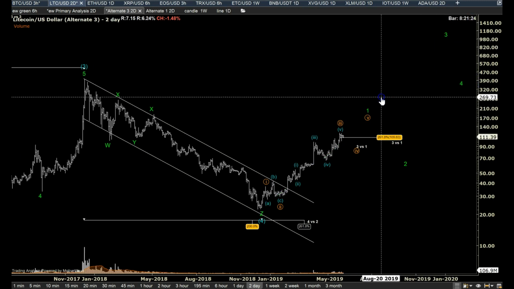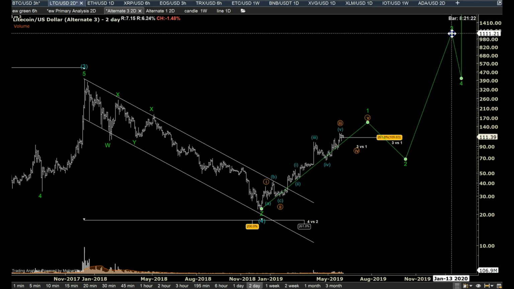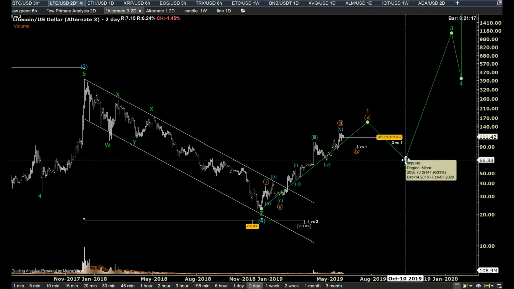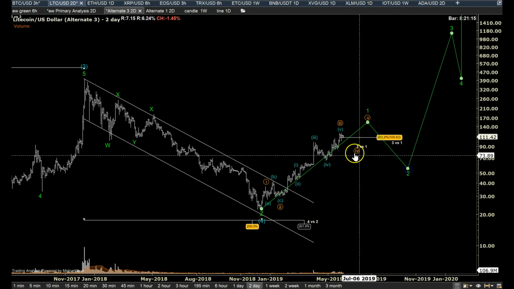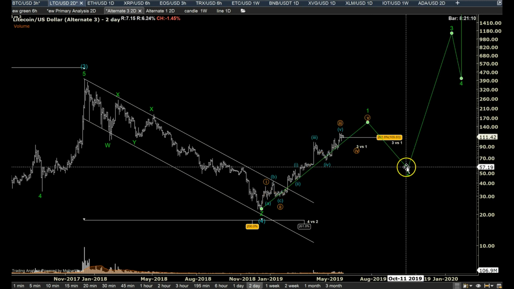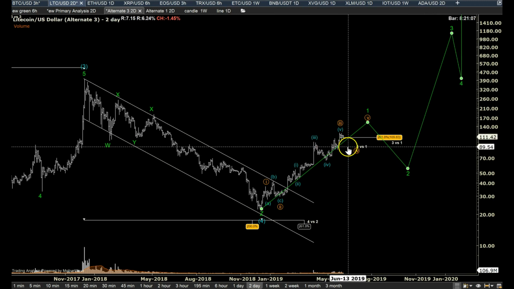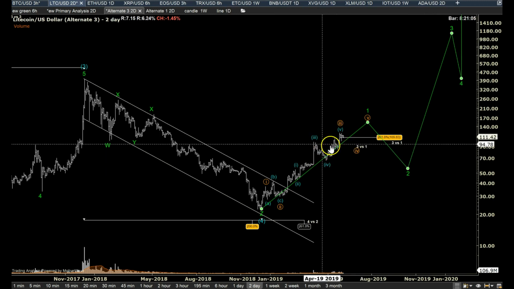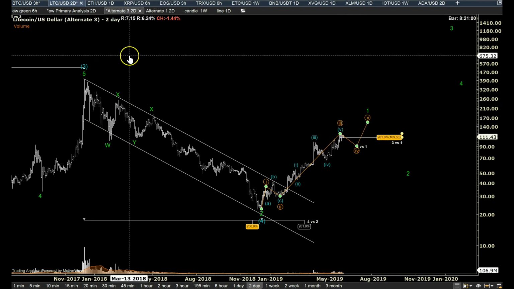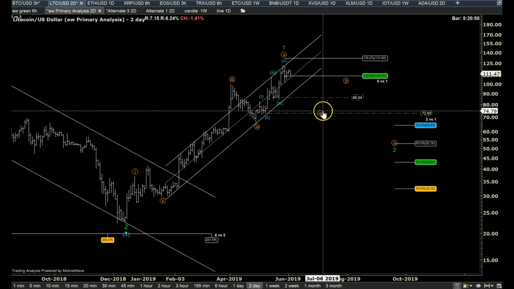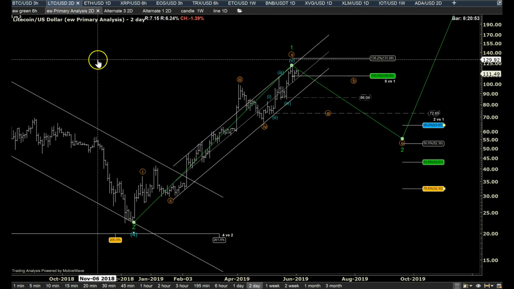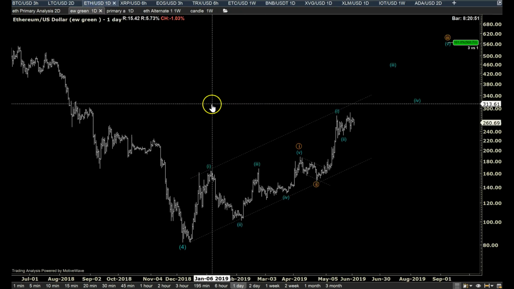First, we will have to complete this wave 1, so these targets up here, I'm just playing with. For right now, if we make another move up higher into a wave 5, that would complete this green wave 1, then pull back, and then we go up higher. So again, I'm monitoring this to see if we pull back into a wave 4 and then go up into a wave 5, or if we go back into an A, B, C correction to complete this wave 2.